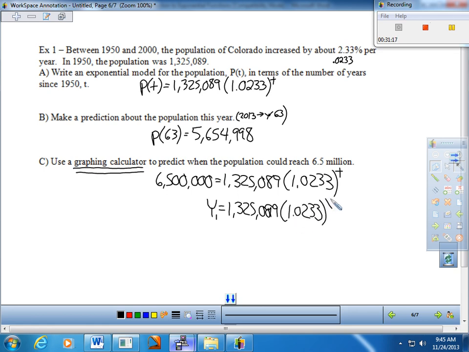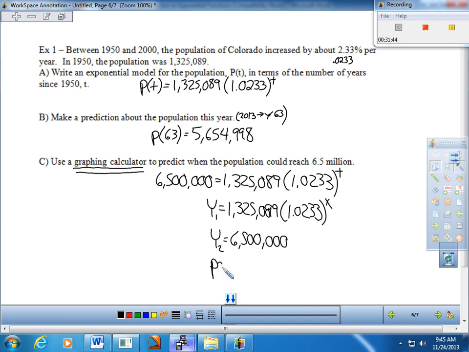This is going to go into the y1. I'm going to type in my model. And then right behind it, everybody, into the y2, this also is a y value. And I'm going to plug that in. And what I'm going to do is see where I get this nice exponential graph to go ahead and hit the 6.5 million.